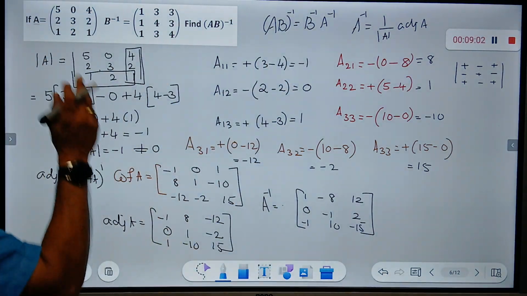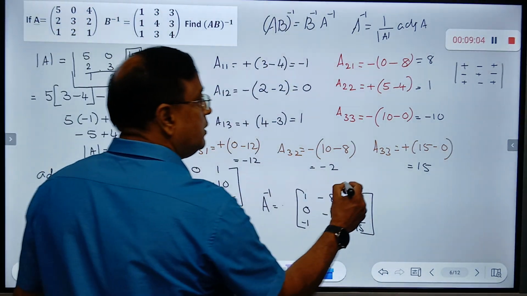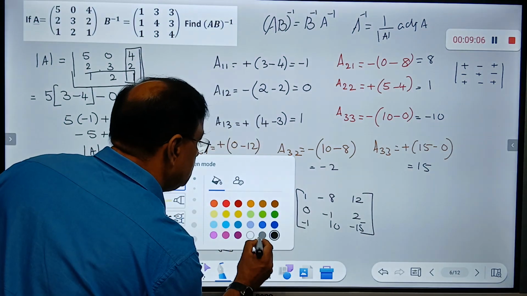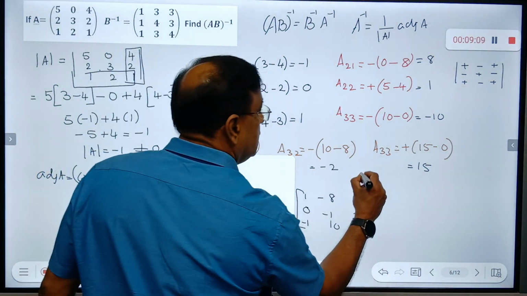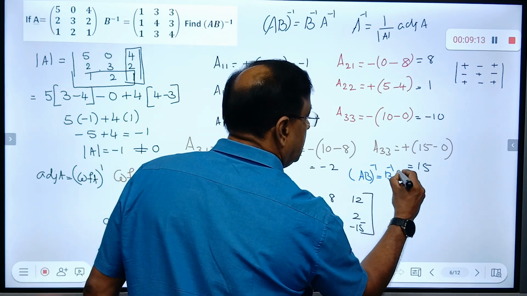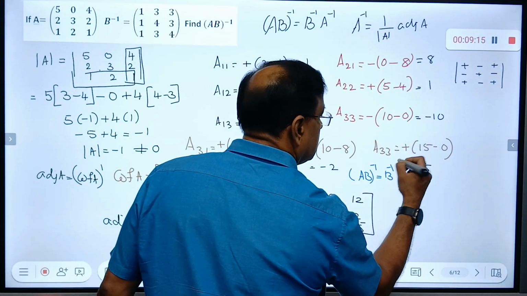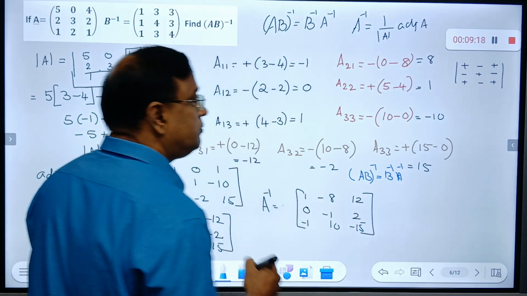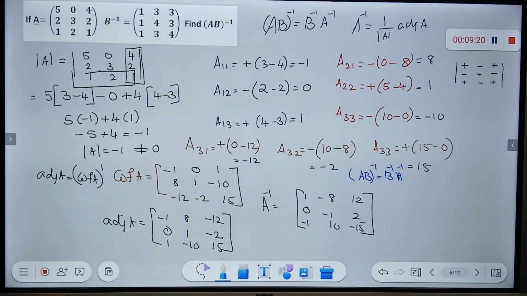Now I want to find AB inverse. What is the formula? Just to demarcate, I'll use AB inverse is B inverse into A inverse. Correct? Now what is B inverse? B inverse is already given to you.